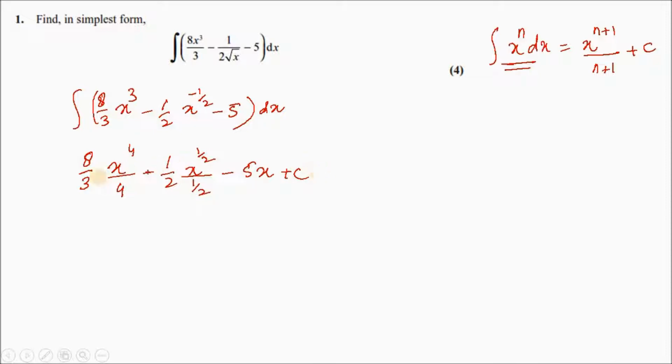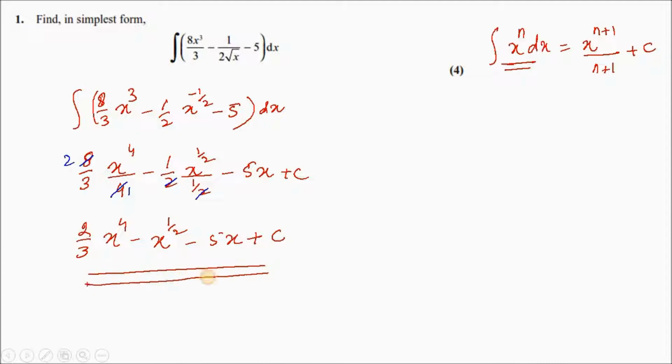The rest of the steps are just simplification. 4 1s and 4 2s, and then this 2 and this 2 are gone. So the final answer will be 2/3 of x to the power 4 minus x to the power half minus 5x plus c. This is the final and simplest form of the integral.